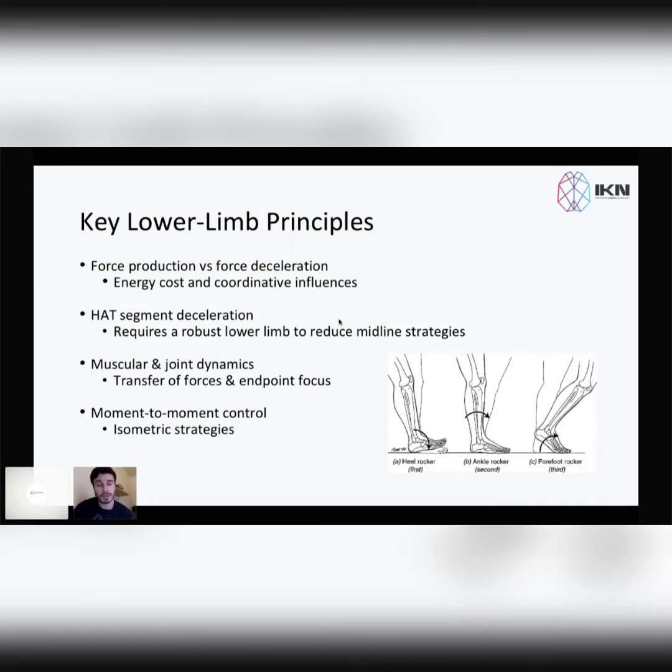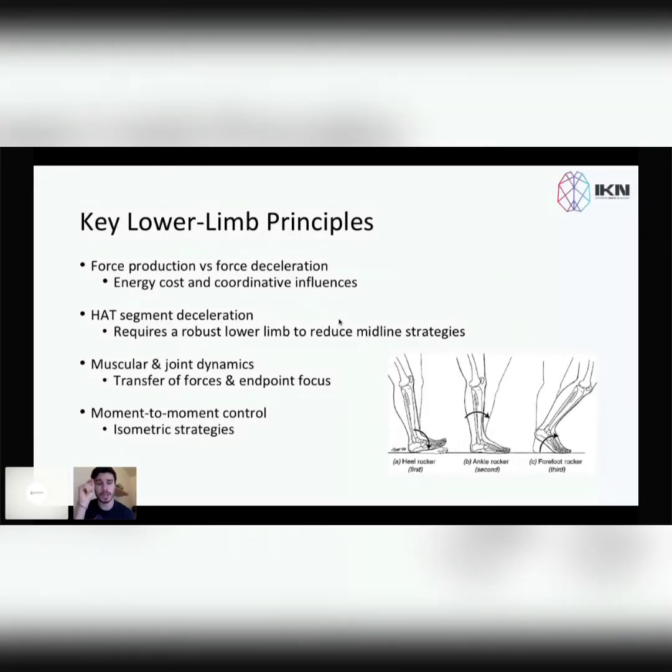Because if you look into any kind of research around how the nervous system controls the body, your nervous system is constantly receiving snapshots of the body on a moment-to-moment basis. And so I would say that when it comes to lower limb rehab, many of us move too quickly into dynamic strategies, whereas we need to build good moment-to-moment control when it comes to the lower limb.